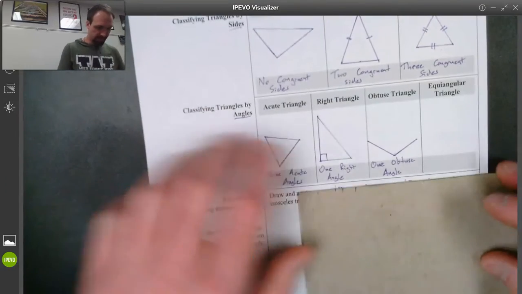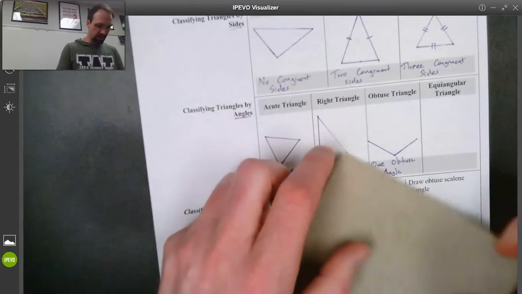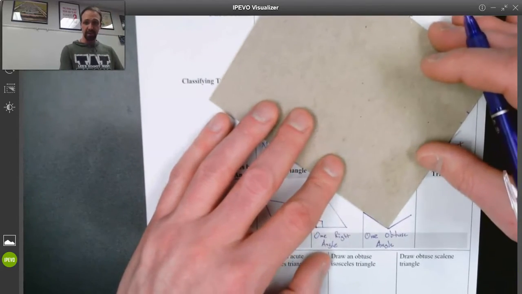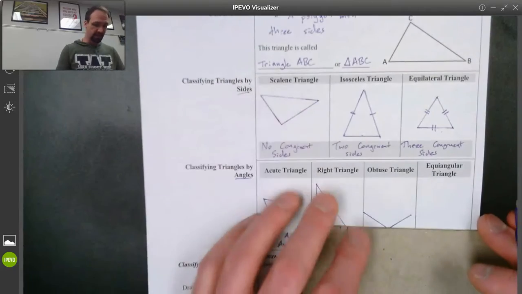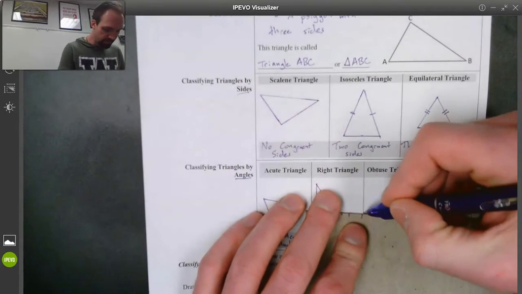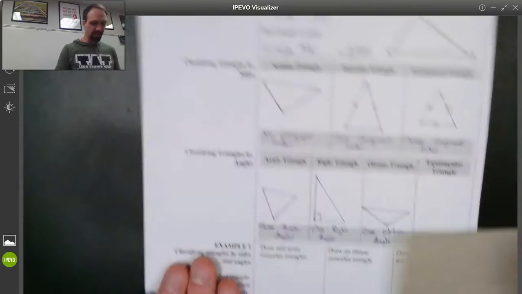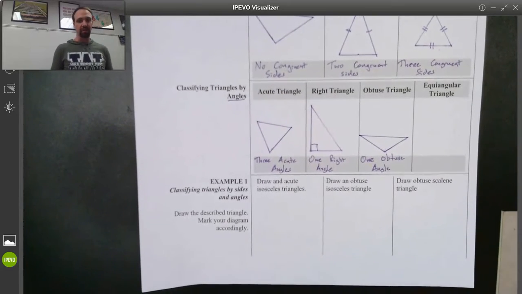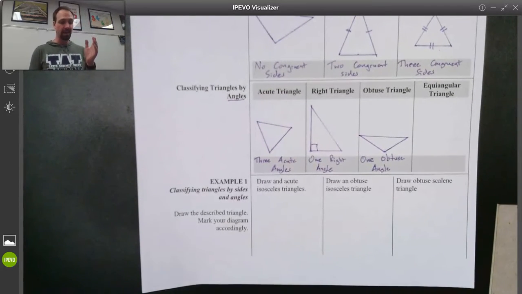Like so. So there's my obtuse angle. It's bigger than 90 degrees. I know it's bigger than 90 degrees because this is 90 degrees, and you can see that it doesn't fill in that part. So there's my obtuse triangle.